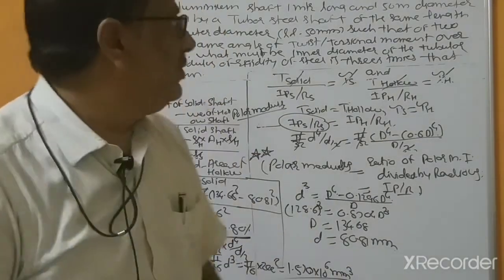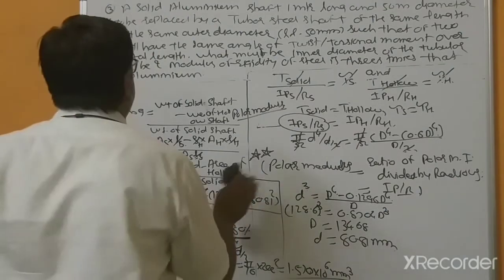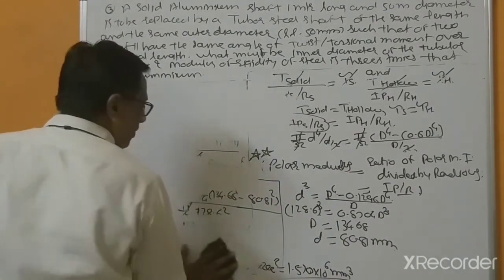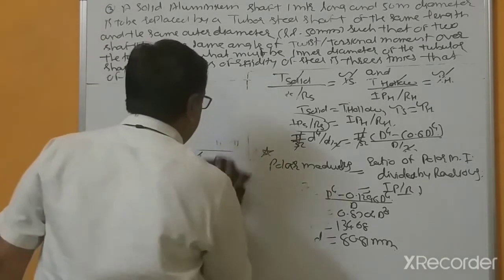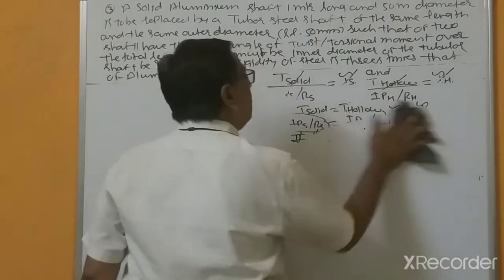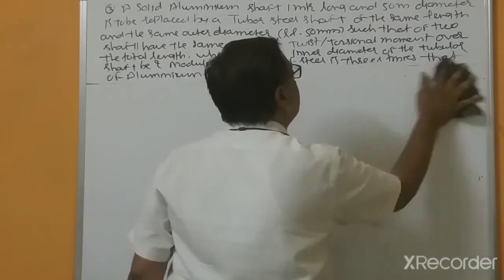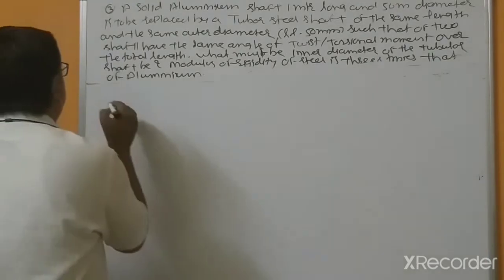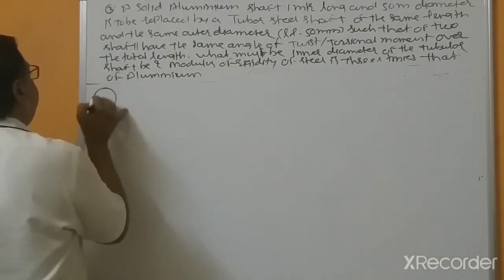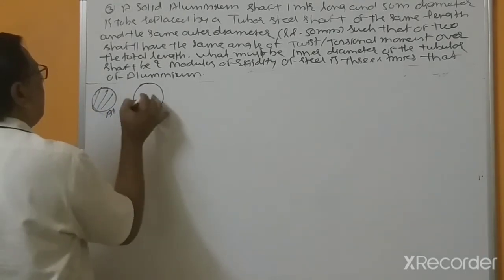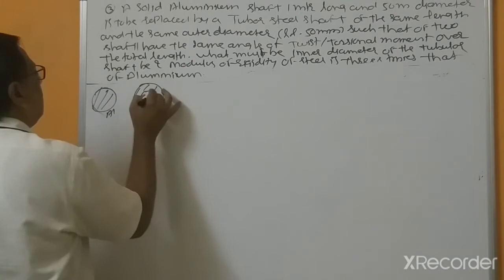So in this problem, 2 different materials. In the previous problems the material is the same, but in this problem the material is different. This is solid aluminum, hollow steel.